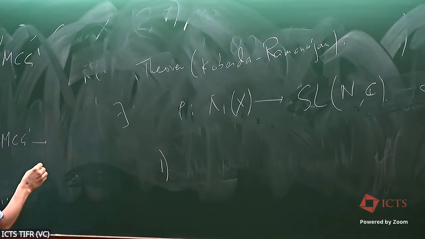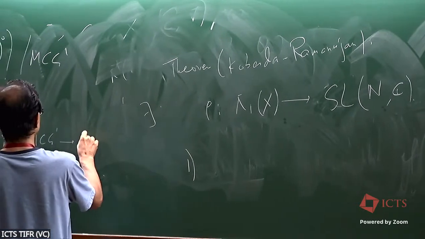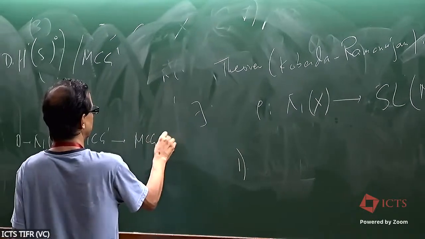Property number 1 says that you have an exact sequence, pi1 of X to MCG1, the mapping class group.